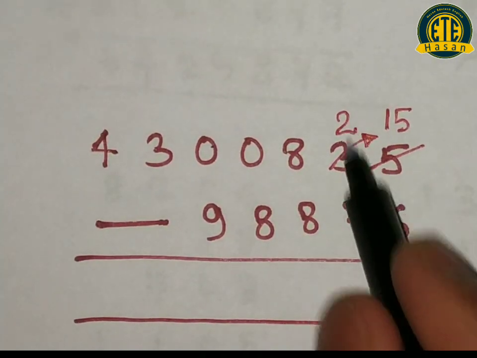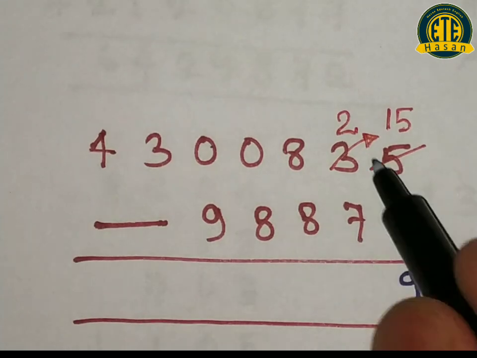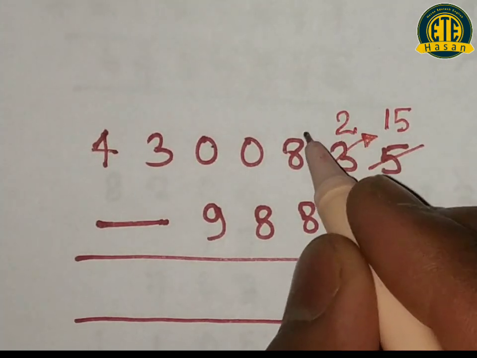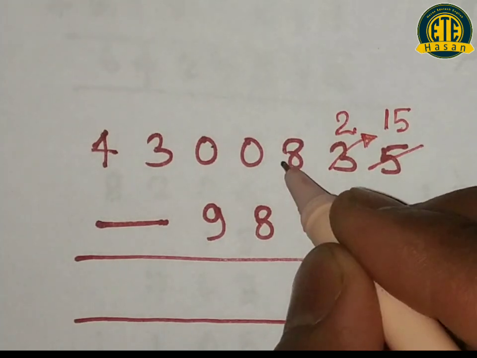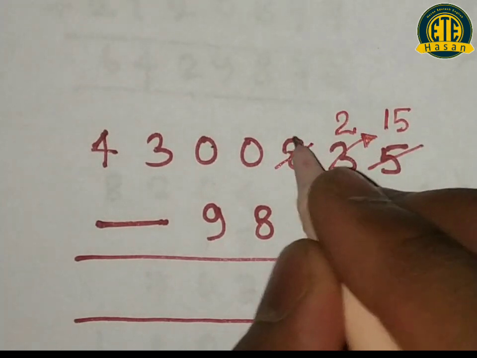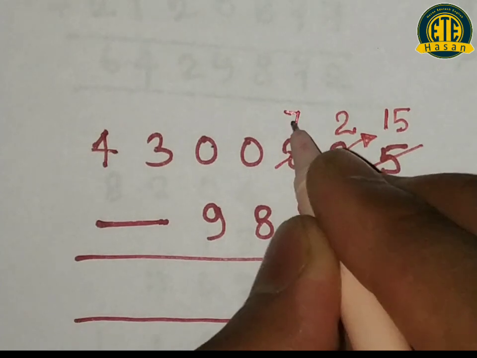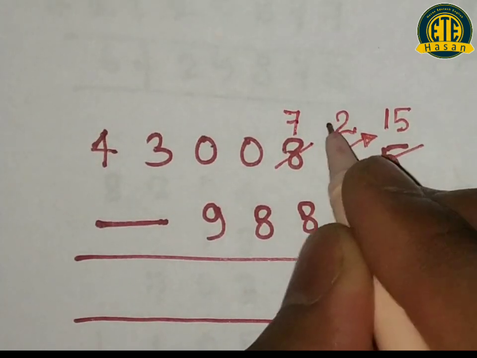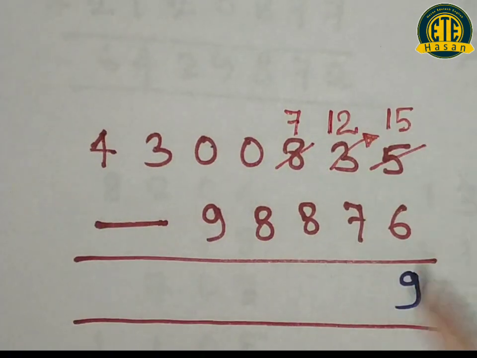Okay, 2 minus 7, oh no, I can't subtract. So 2 will also take 1 borrow from the next number. 8 will give 1 and become 7, and 1 has been given to 2, so 2 becomes 12.